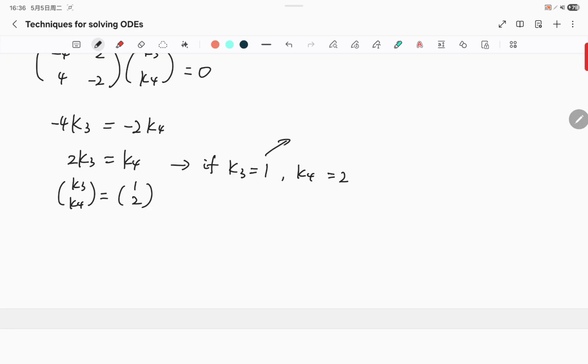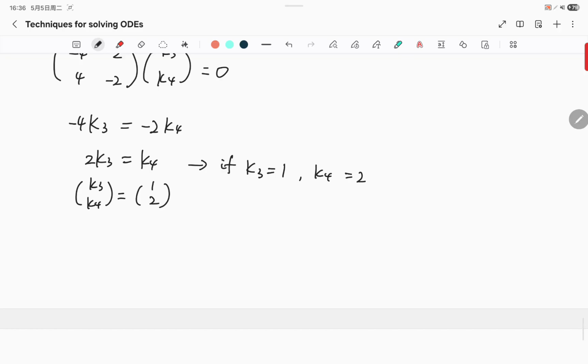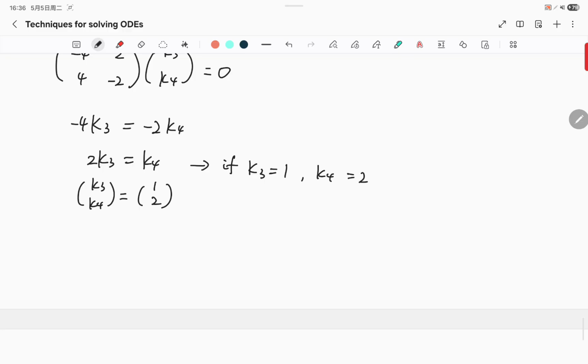You can choose this value to be k3 to bother whoever is grading your paper, to drive that person crazy, but make our lives easier by choosing a very simple value, 0, 1, 10, those integers, and then you get a relationship.